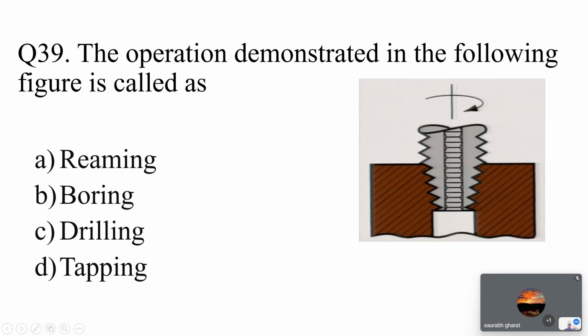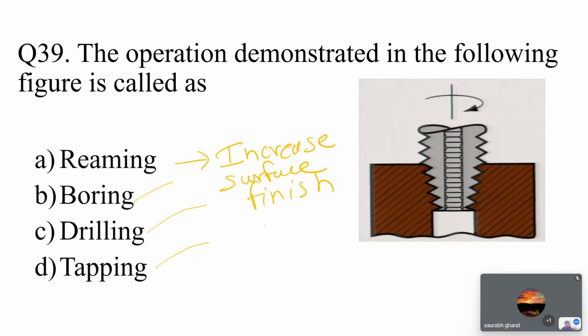The operation demonstrated in the following figure is called what kind of operation? Is it a reaming operation, boring operation, threading operation, or tapping operation? You know reaming is done when you first perform the drilling operation, then to increase the surface finish of holes.